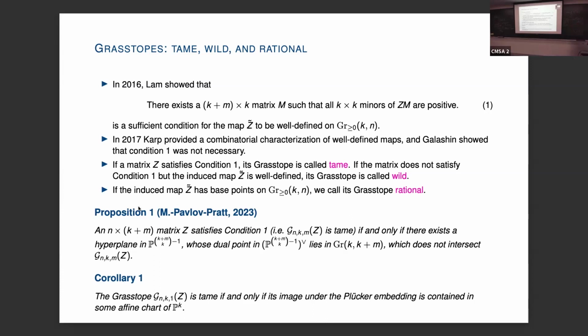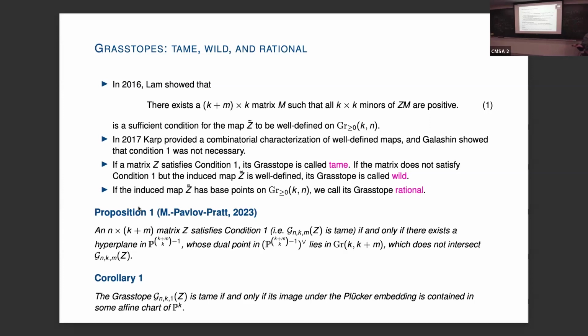So what this means is that the Grasstope is tame if and only if we can draw its image in a bounded way in some affine chart of PK. So the Grasstope will live in PK. If it's tame, there's some disjoint hyperplane.